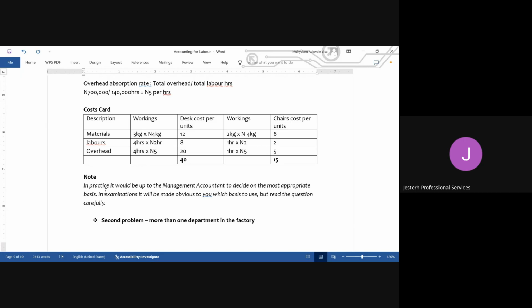Maybe they are not absorbing overhead on labor hours but on machine hours. Machine hours means the total hours that the machines are going to use. And they will also give you labor hours too. So you just have to understand what the question asks you to do, so you know how to attempt the questions.